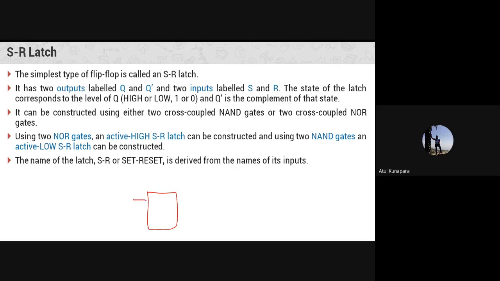It will have two inputs, and those two inputs we can say are S and R. The full form for S is set, R is for reset, and there will be two outputs, that is Q and Q bar. So this is what you can say is a symbol of the SR latch, or you may call it a flip-flop.